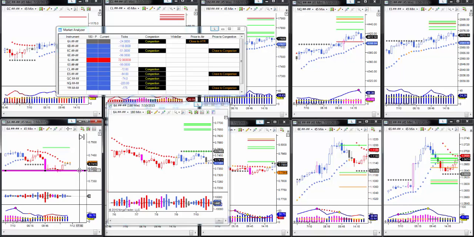So there's only maybe a 20 pip difference between where the ATR is on the 45-minute chart and where you have this support line over here on the 180-minute chart.